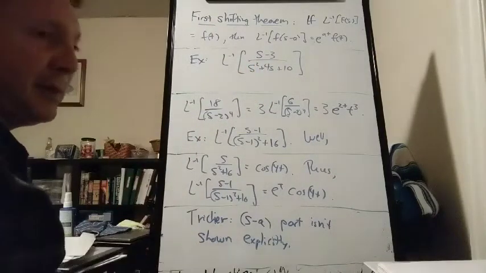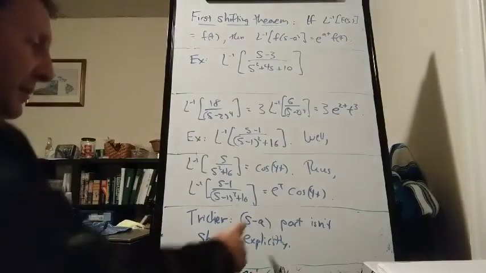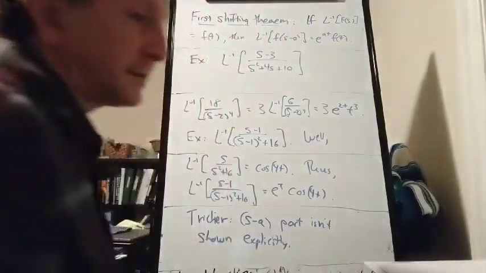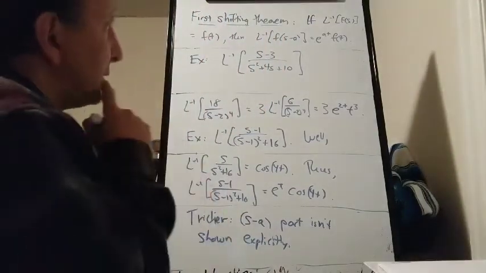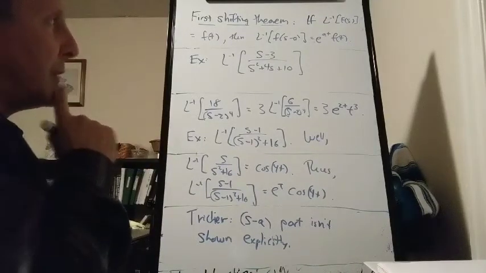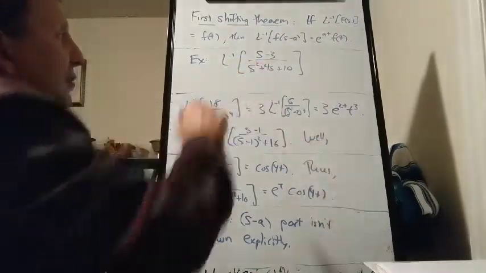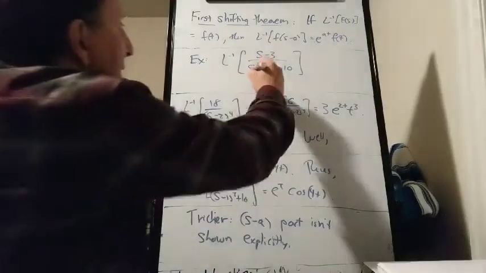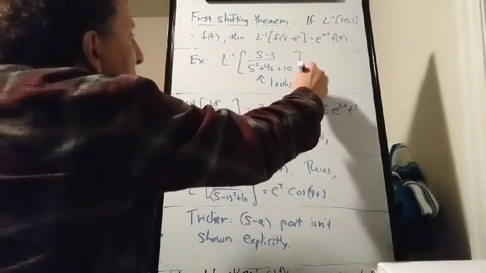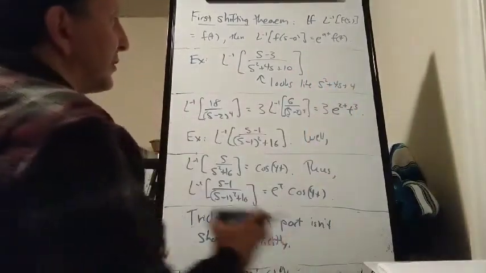So we have to somehow play with this so that all the s's involved are s minus something, but they all have to be that. One thing we can sort of see in here is that we have s squared plus 4s, so it sort of looks like the beginning of s squared plus 4s plus 4, which is s plus 2 squared.